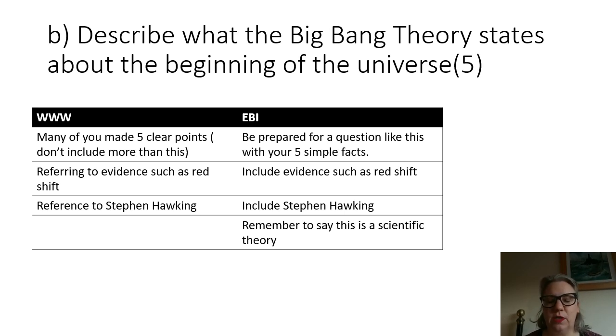Next, when it comes to some of the scientific theories or ethical theories in this unit in particular, it's good to name the thinker who's associated with it. So for Big Bang, that's Stephen Hawking. So if your answer didn't include his name, that's something to include. And finally, and this seems really obvious, say it's a scientific theory.